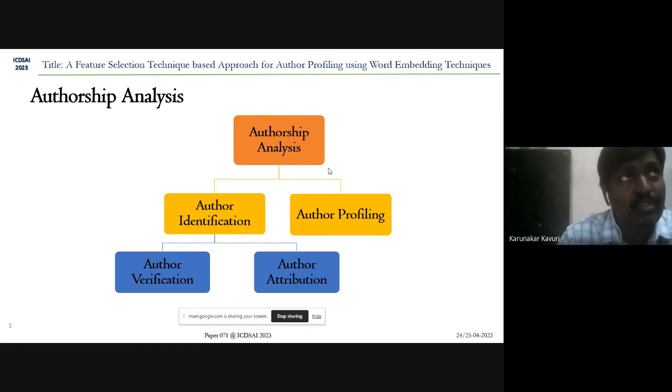It is about predicting the demographic characteristics of an author based on their writings. We have tremendous information on the web related to tweets, reviews, and comments, so in order to get information about unknown data, we use author profiling. It is just a classification technique. The remaining tasks, author verification and author attribution, are two different tasks.